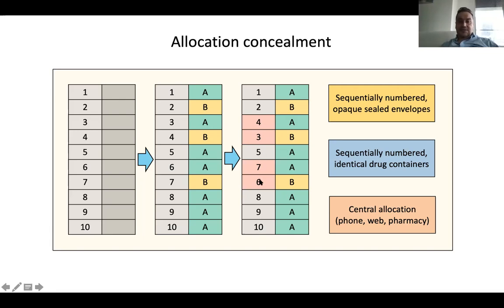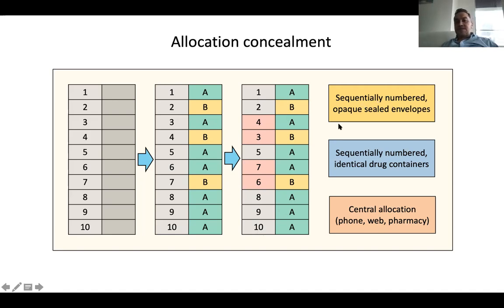So the 6th patient is going to be allocated to group B, and the 7th patient is going to be allocated to group A, because the researcher knows that this is going to be the placebo. So this is a huge problem when you know the allocation of the next patient. If this is happening, this is going to be a source of huge bias, okay? Because the characteristics of the patients in treatment A are going to be so different from treatment B, and there is no way to solve this out.